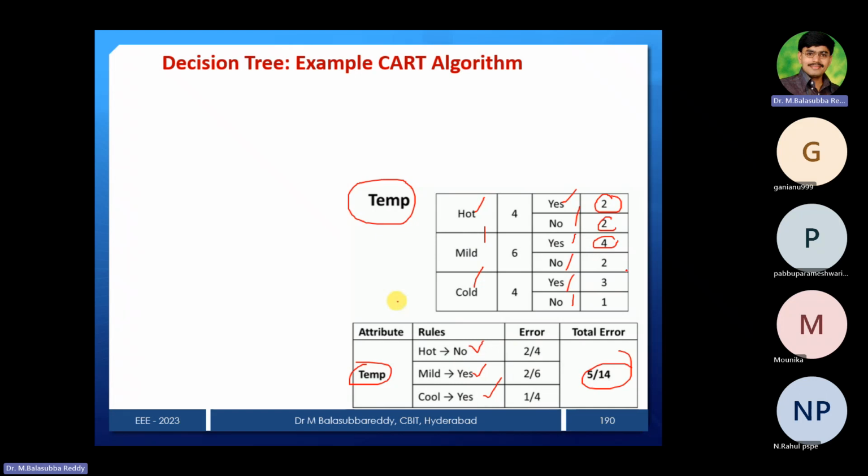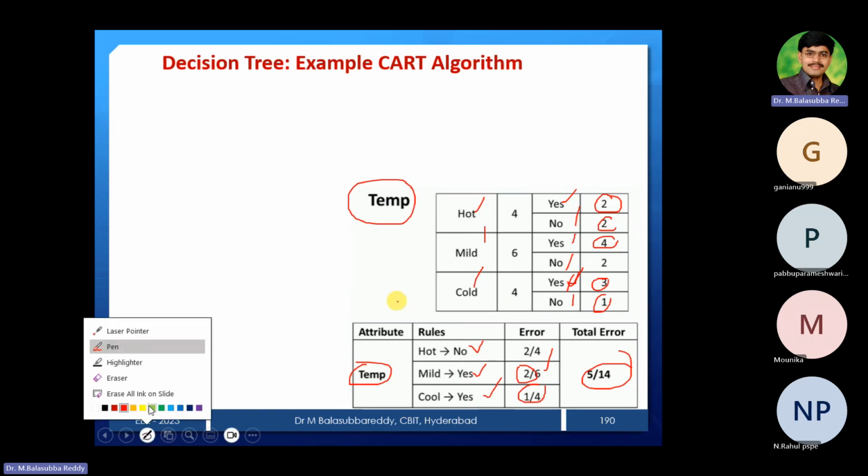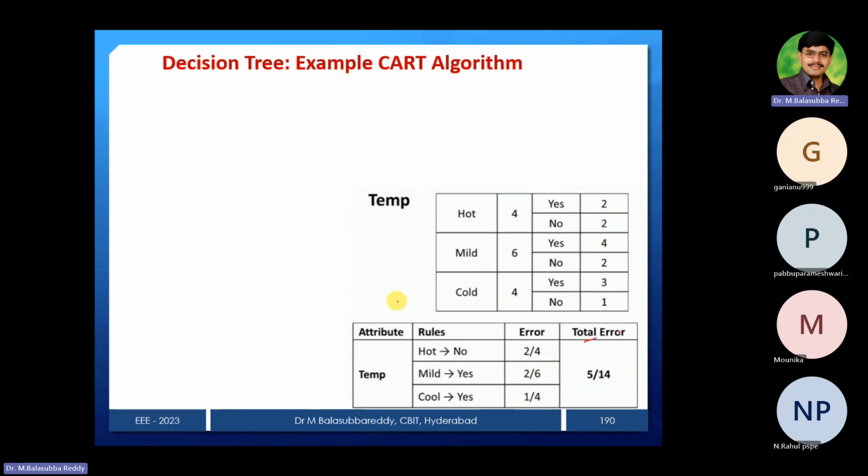The rest should not be there, that must be 0 actually. But we are getting that also. So in that case, I treated it as an error. That's why 2 out of 6, we are getting the error as 2. And cool, yes. I'm asking cool is yes. Then 3, but the error is 1. So 1 out of 4. We'll write it as 1 by 4. Like that, you can keep on calculating the total error.